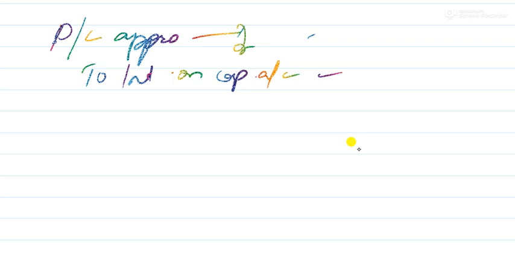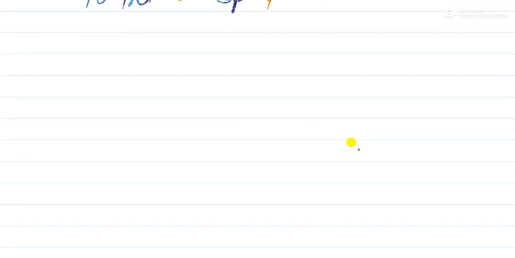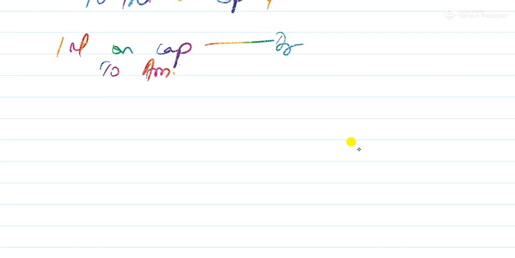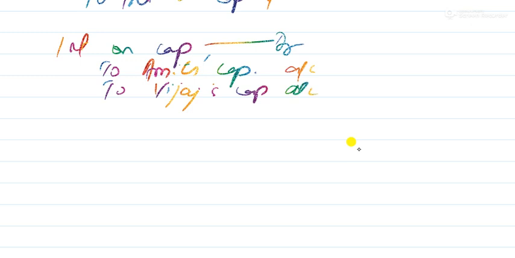Then, when interest on capital is credited to the partners' capital accounts, the journal entry will be interest on capital debit to Amit's capital, to Vijay's capital account. And then you write here their respective amounts and here the total amount.